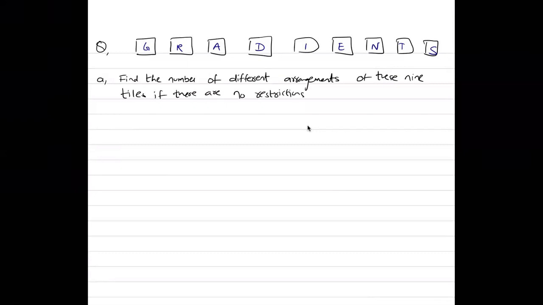The word no restriction means that you are free to arrange them in any order. There are no restrictions imposed that this will come first or that will come later. So if there are nine tiles and all the nine tiles are unique, how many different arrangements could you possibly have? 9 factorial. Nine factorial. So what is the answer to the nine factorial coming out?